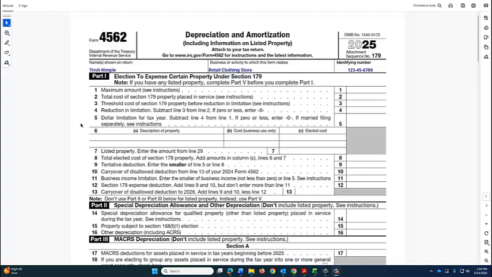Section 179 deductions can be limited by the company's taxable income, and then it also has annual limits, whereas the bonus depreciation doesn't have any of those limits. So when it is possible, taxpayers typically just take the bonus depreciation.